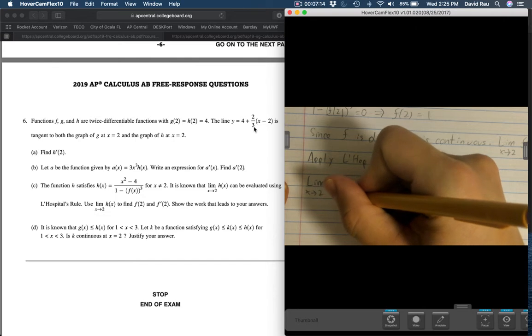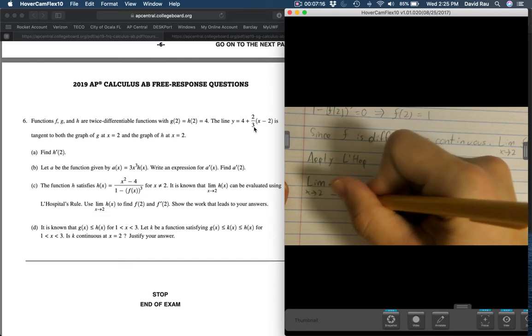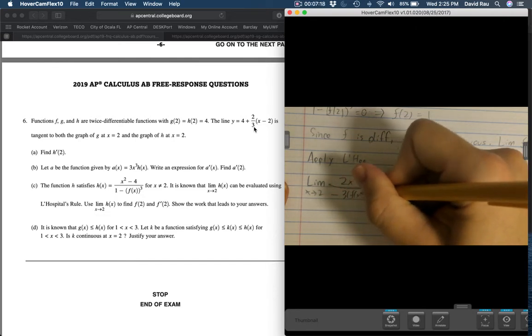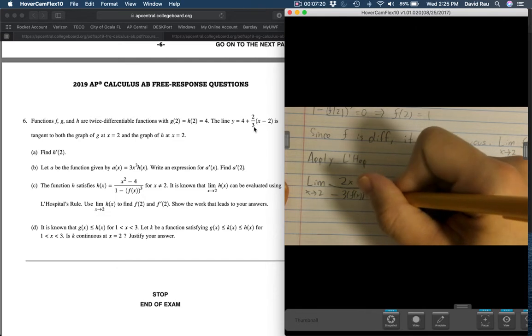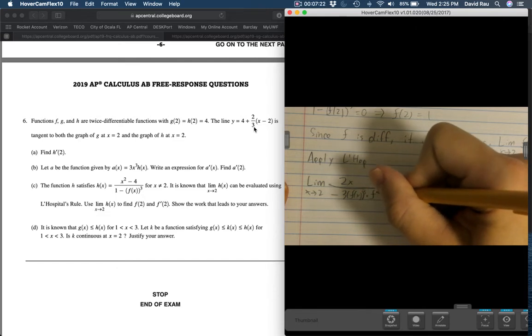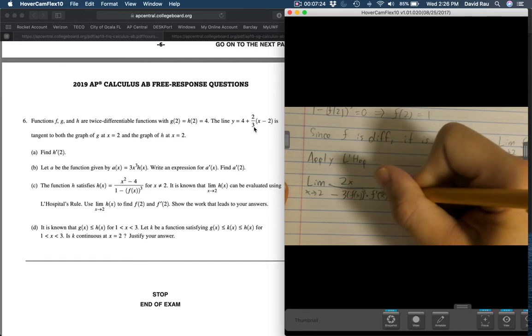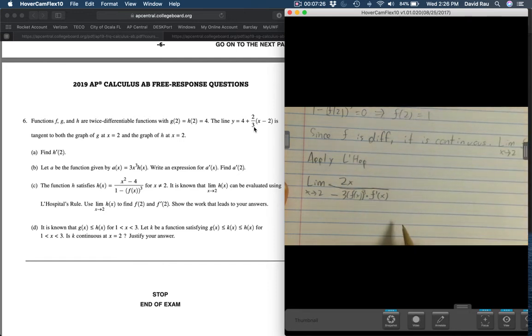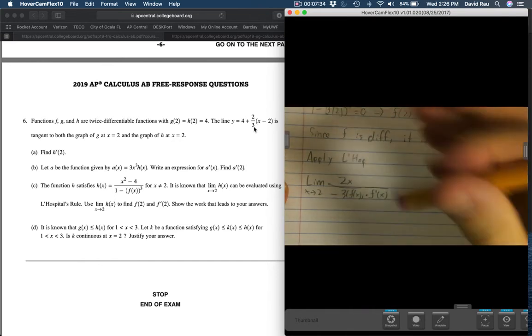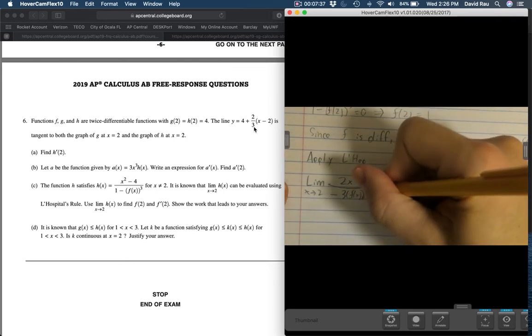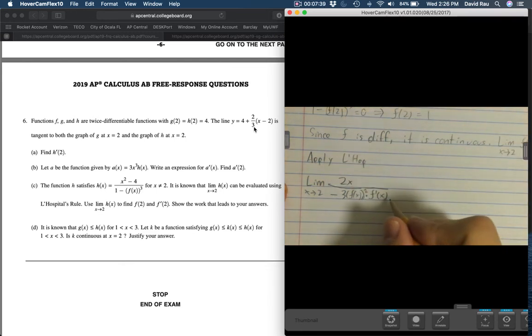So you're going to end up with negative 3 f of x squared. You're going to use the power rule on f of x, but you also need to derive the inner contents, so you'll end up with an f prime of x as well. So this is the limit of 2x divided by negative 3 all of f of x, squared, because the power has to reduce, times f prime of x.